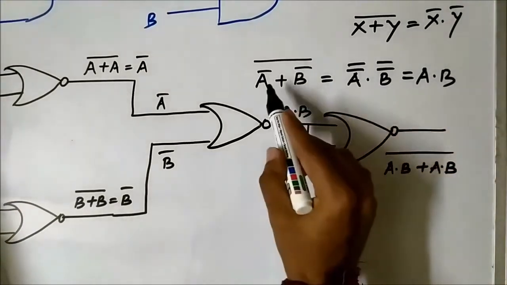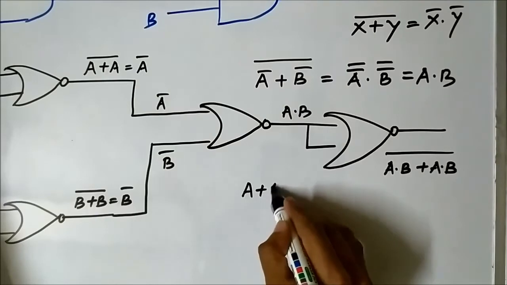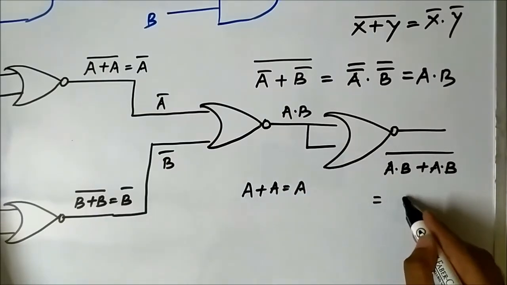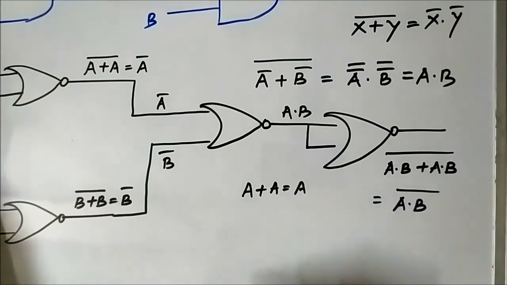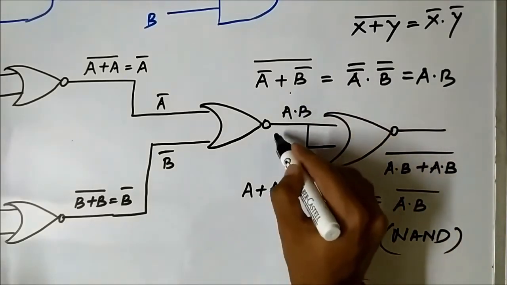When two same signals are ORed, we get the same signal. We just studied that. So here it will be the NAND gate output. Here we got NAND, here it is AND.